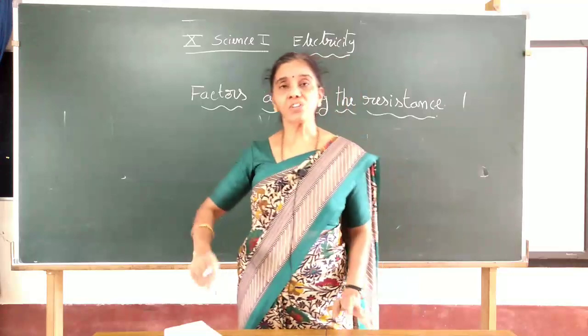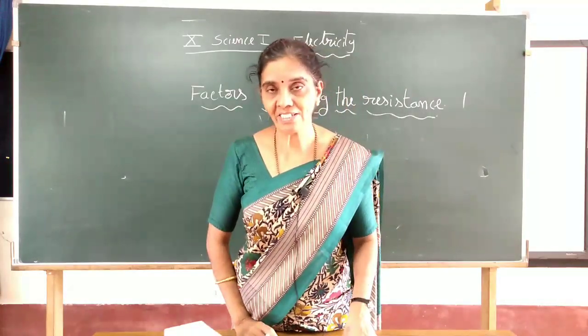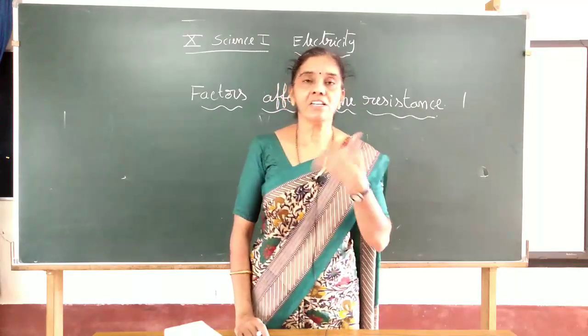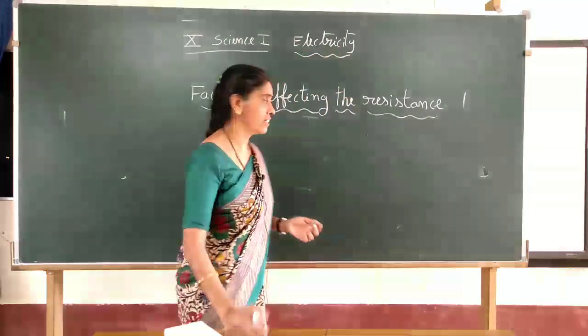Usually we will take nichrome, the material, it is an alloy I said yesterday, and we will check the current flowing through it in a simple circuit.